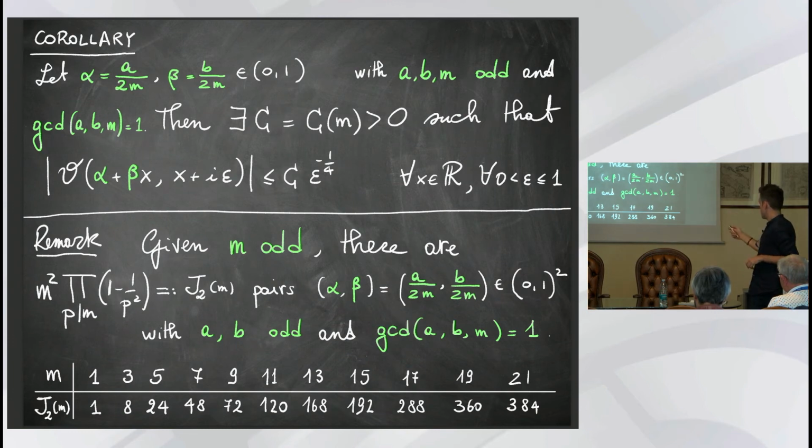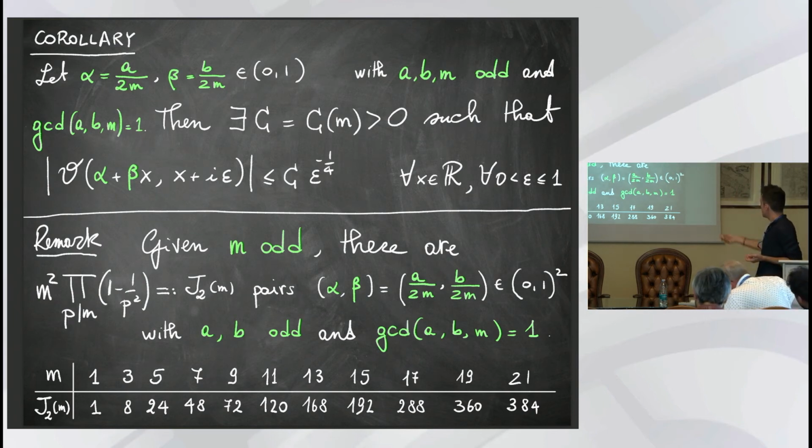So this is giving you a way of controlling how the blow up of this function near its boundary occurs. So here, this is telling you that at least along these lines, you get this control, this blow up that's no more than epsilon to the minus 1/4, and it's uniform in x and epsilon.